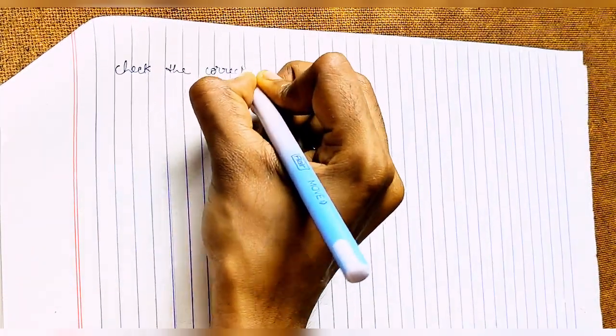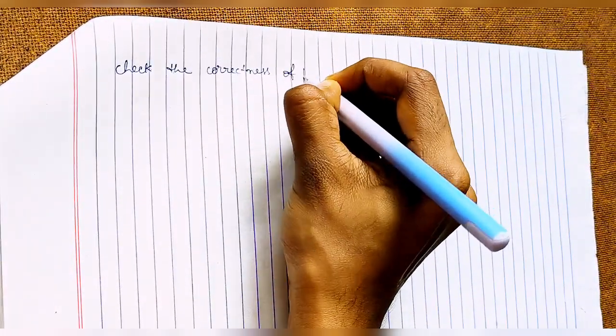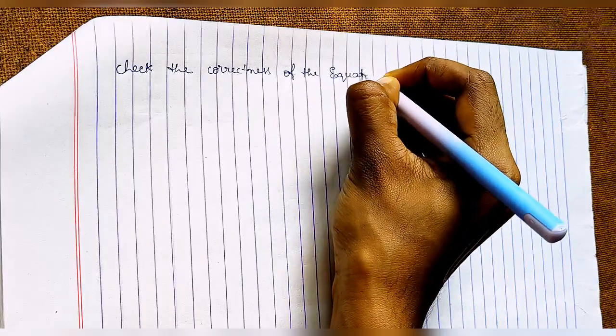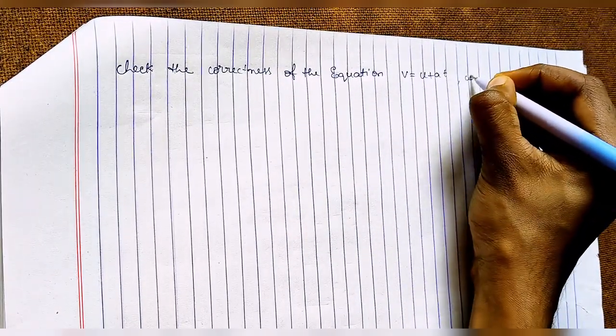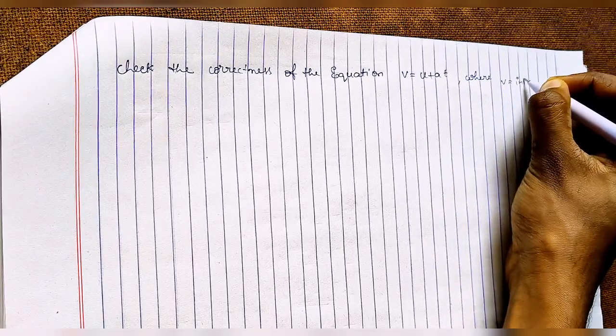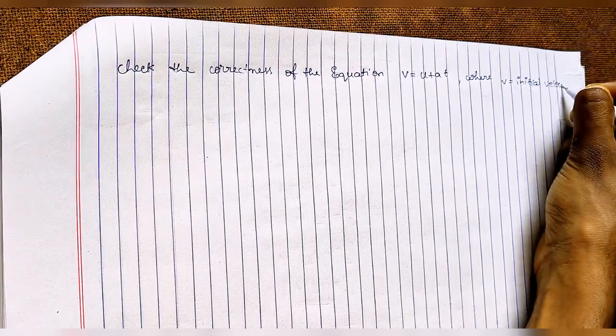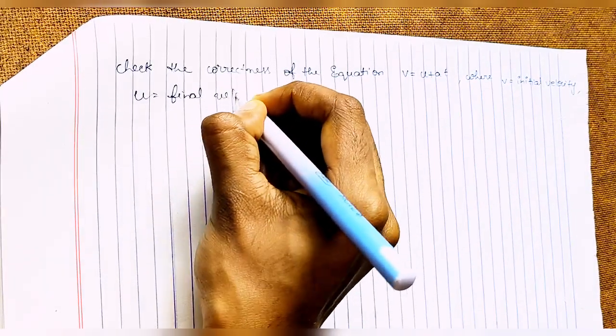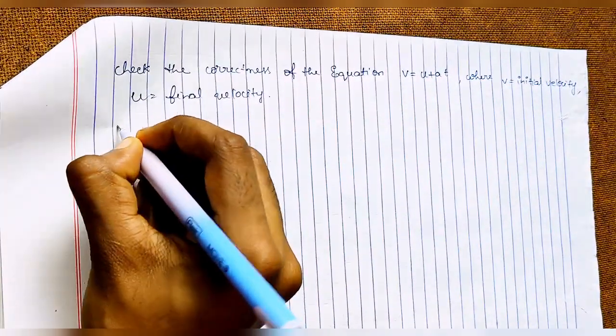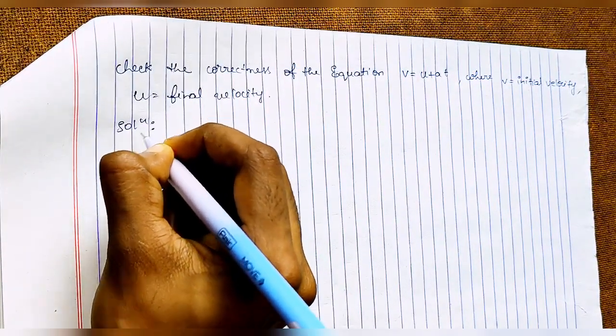Next question, check the correctness of the equation v is equal to u plus at, where v is the initial velocity, u is the final velocity. Solution for this question.